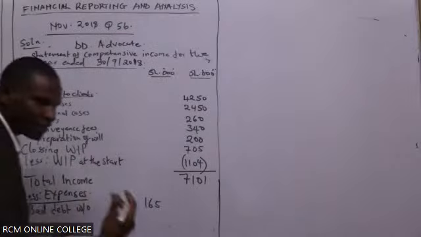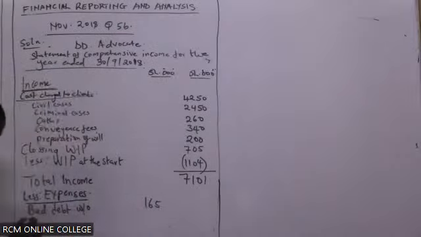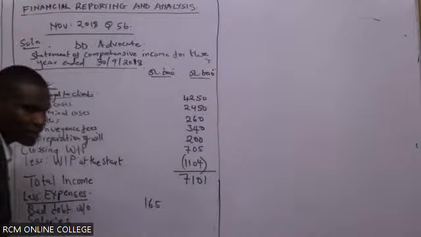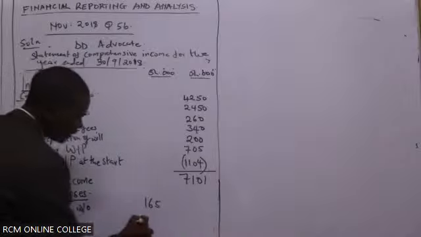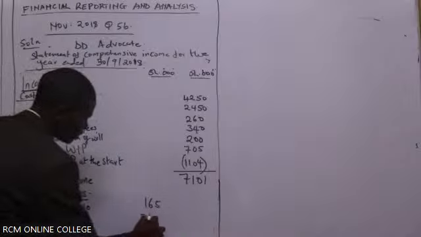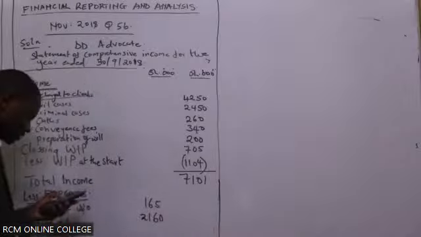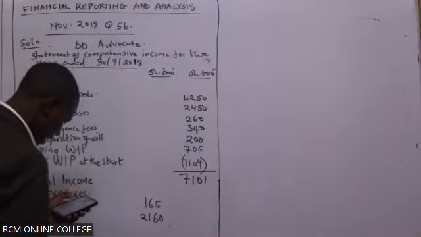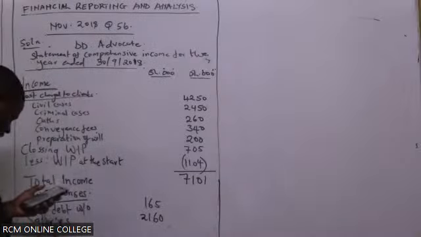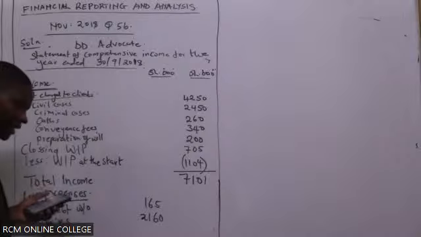So another expense is salaries. Salaries, I'm being given a salary of 2160. Any other item? Rent and rates.